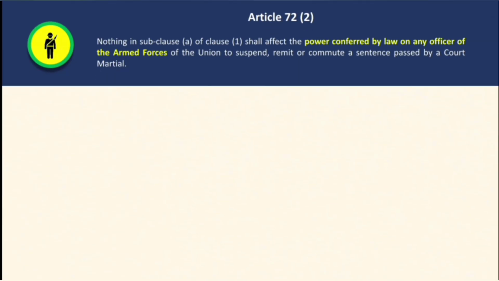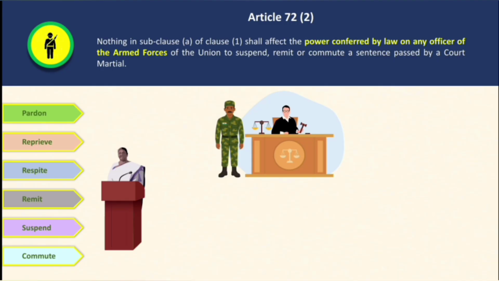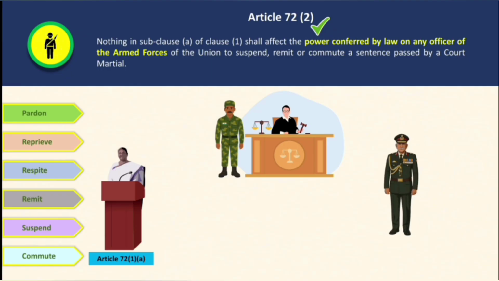Clause 2 talks about military officers can also change court-martial punishments. We have seen that the President has power to grant pardon, reprieve, remission, suspension or commutation in court-martial cases under Article 72 Clause 1 Subclause A. But this clause, that is Article 72 Clause 2, makes sure that this does not interfere with or override the powers already given to military officers under laws like Army Act 1950, Navy Act 1957 and Air Force Act 1950.